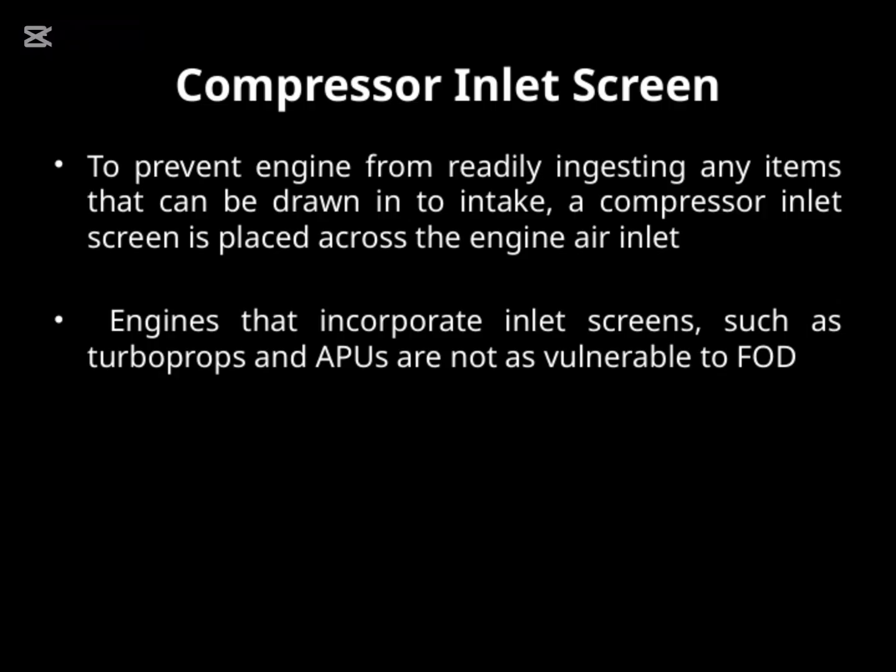It's interesting to note that engines equipped with inlet screens, such as turboprops and auxiliary power units, are actually less vulnerable to foreign object damage, or FOD. This added layer of protection makes a significant difference, especially in environments where debris is more likely to be present.